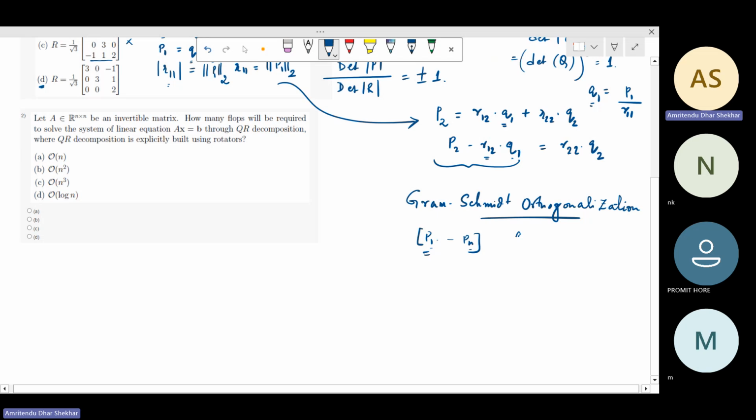So you first set Q1 equal to P1 by the norm of P1. Okay, so that is your Q1, right?